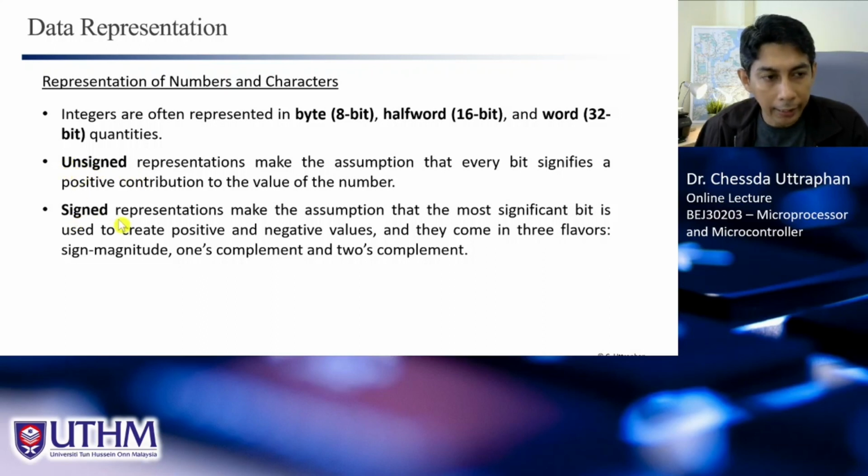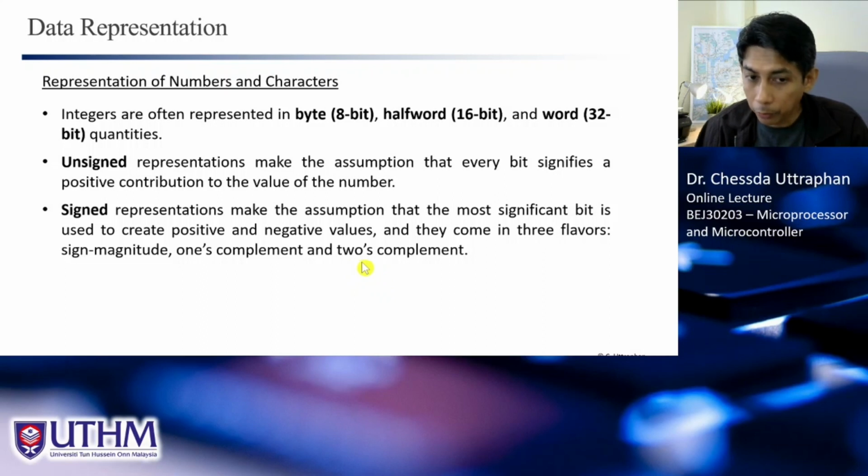And for signed numbers, the microprocessor will use what we call the two's complement to represent negative numbers. So why do we use two's complement? We have learned this already in digital design.